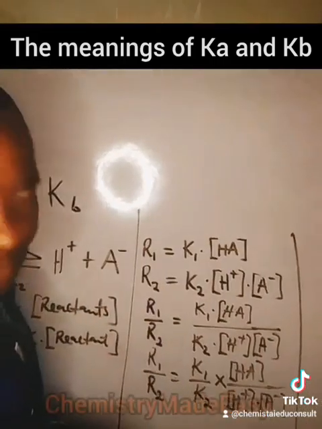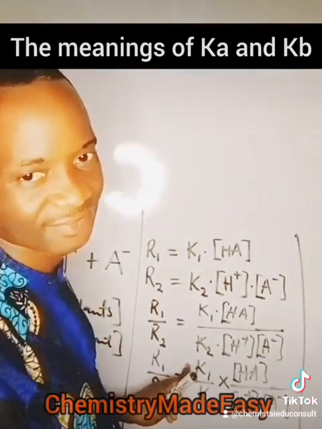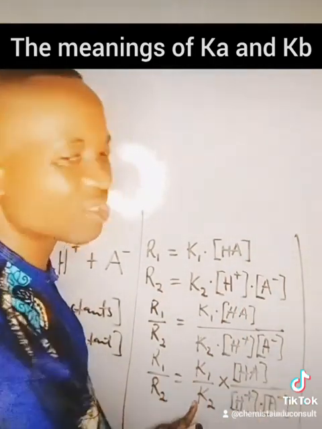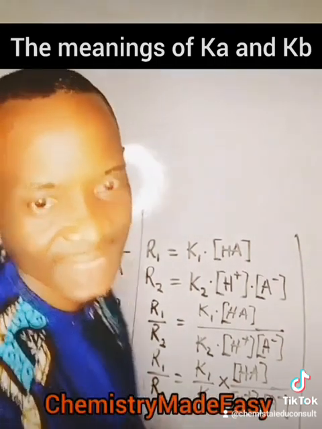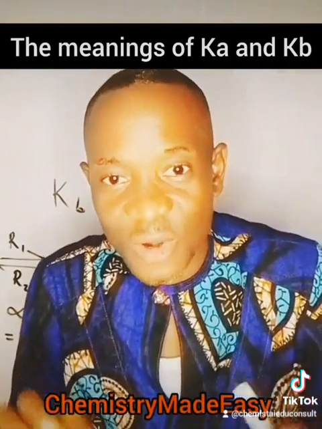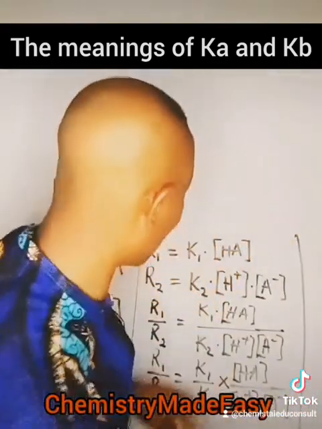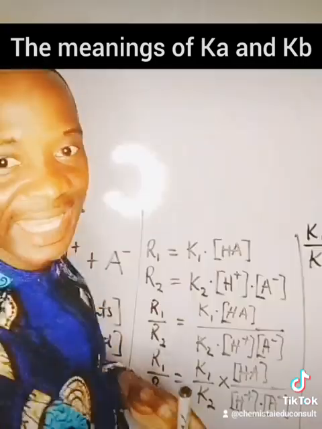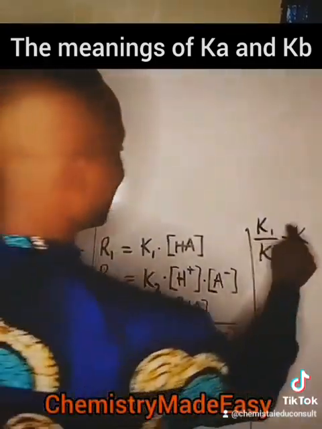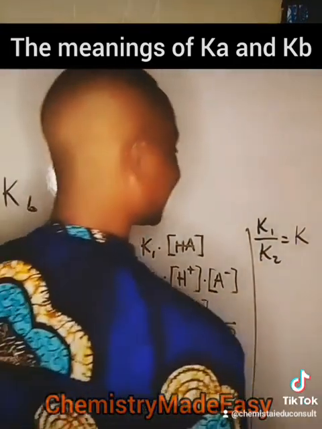We continue. K1 is the constant of forward reaction. K2 is the constant of backward reaction. Equilibrium constant is the ratio of constant of forward reaction to constant of backward reaction. Therefore, we can say that K1 over K2 equals K. And in this case, we are talking about acid, so it's Ka.